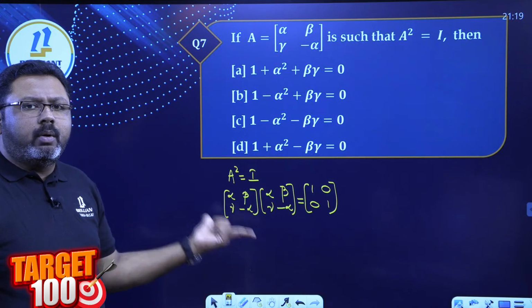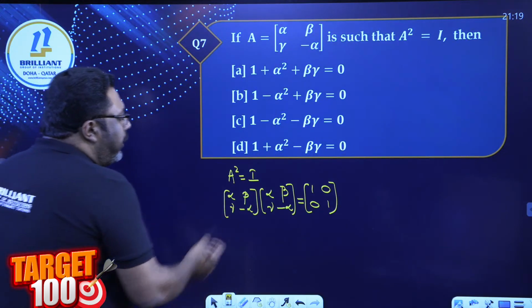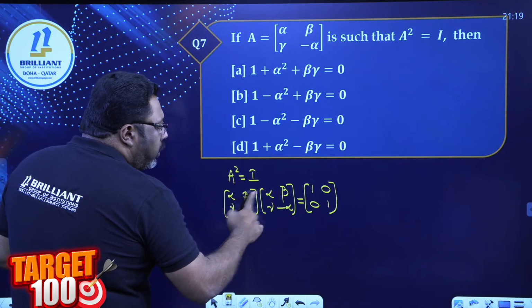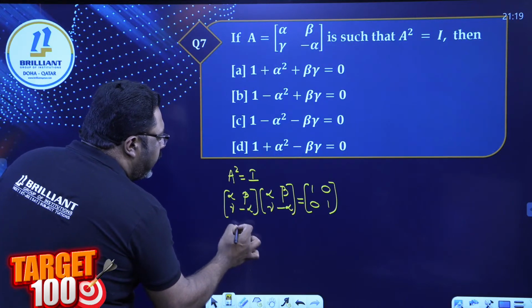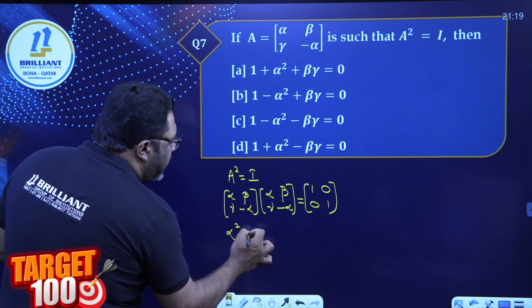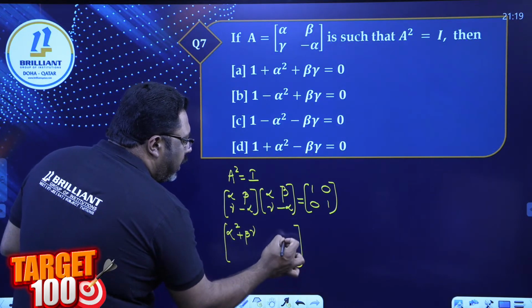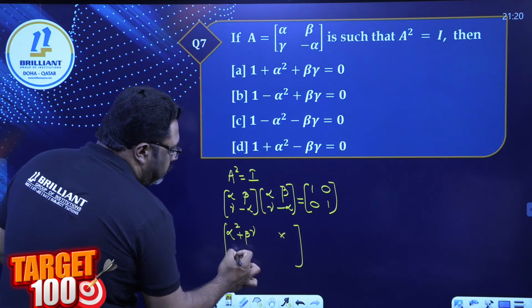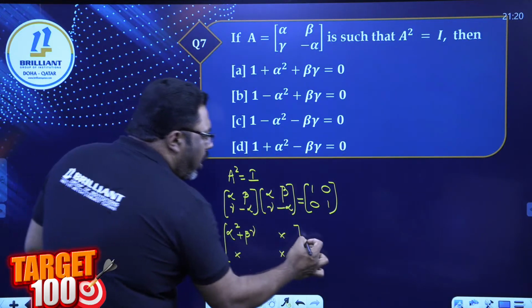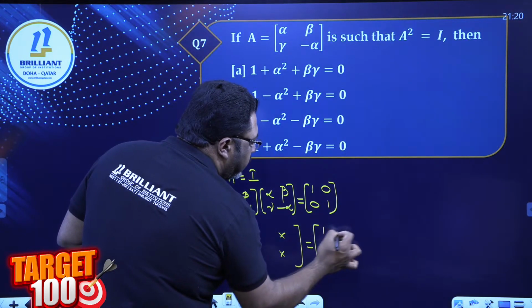I believe everybody knows how to multiply. Multiply the first row with the first column. You will get alpha squared plus beta gamma. I'm not interested in the other elements.